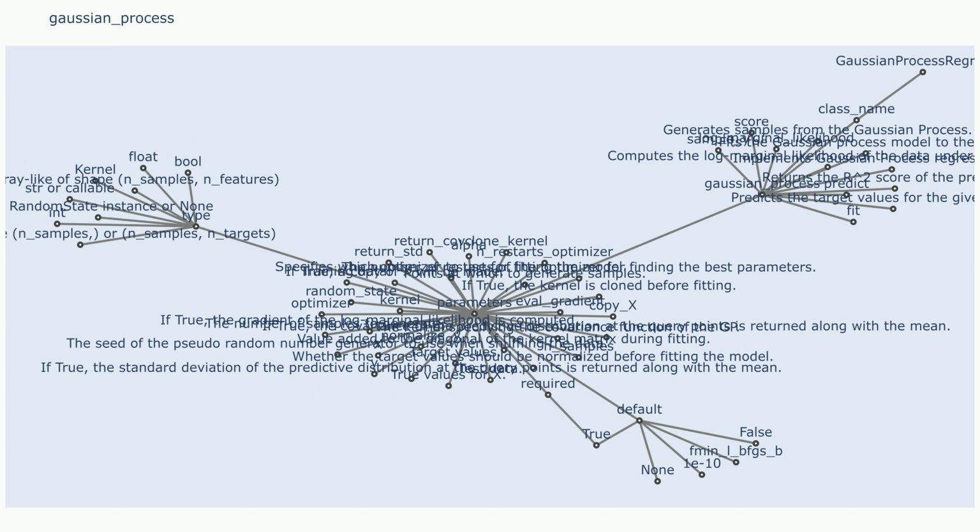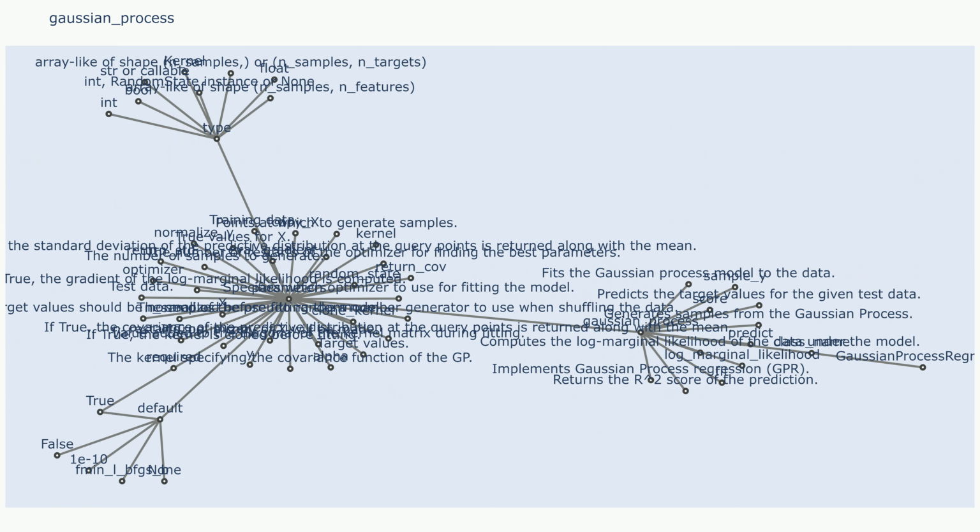log_marginal_likelihood(X, y, eval_gradient=False, clone_kernel=True) calculates the log marginal likelihood of the data under the current model. This provides an indication of how well the model fits the data. You can also optionally calculate the gradient of the log marginal likelihood, useful for model optimization. X: training data.